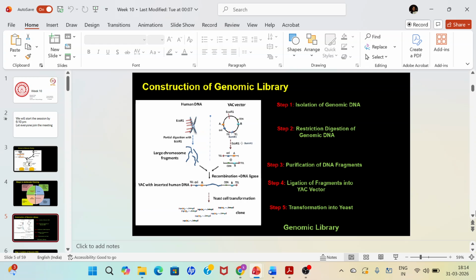Here they have done the random cutting of the genomic DNA, so that you can get different fragments or different genes from the genomic DNA, and that makes the whole library. From there you can choose your particular gene and then clone that.